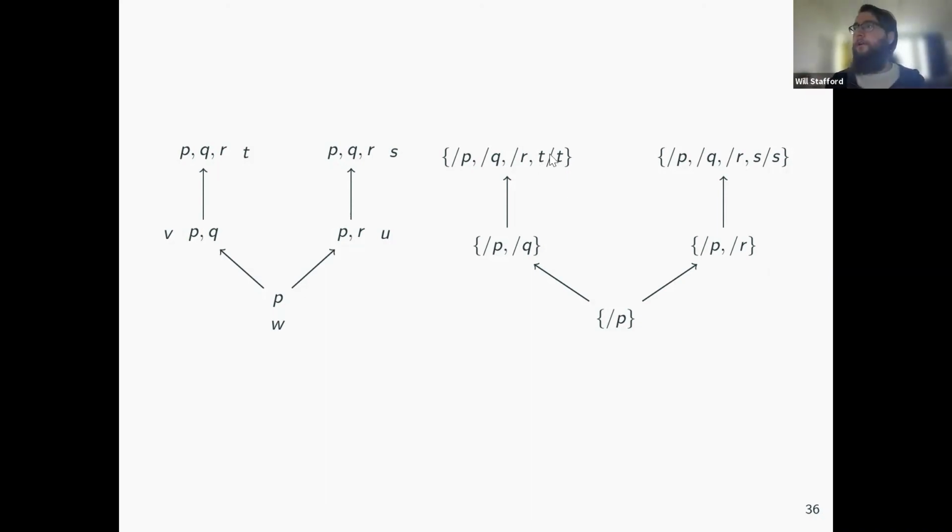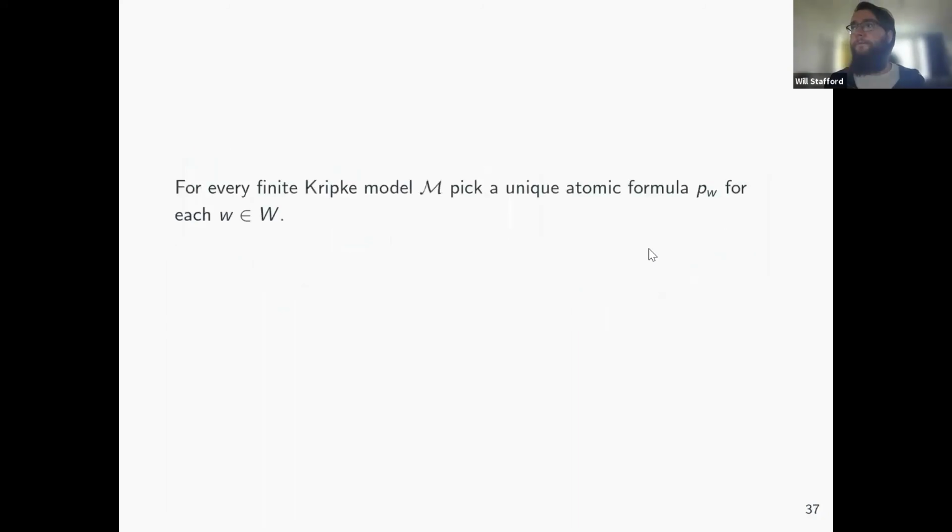Like here I've stuck in T to T and here I've stuck in S to S. And that means even though these are still going to prove the same things, they're now distinct sets of atomic rules. And so that's basically the technique that's going to be used.